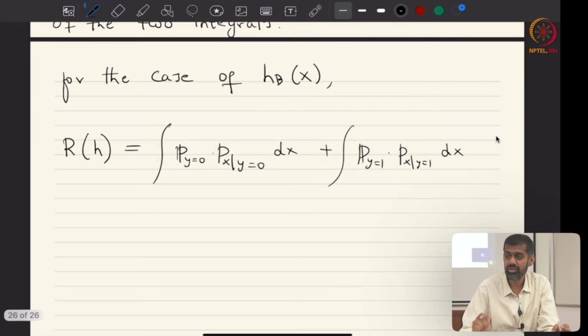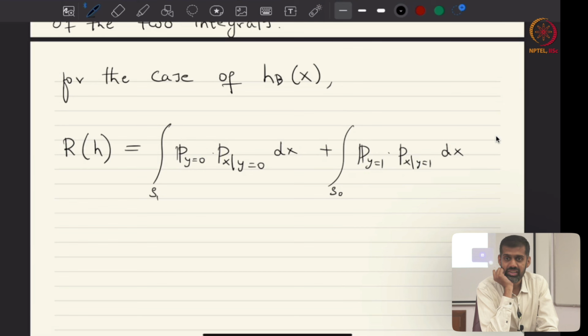Now for the case of the Bayes classifier, which of the two integrals will get evaluated? So this is over S1, is it? This is over S1, this is over S0, correct? Now for the Bayes classifier, which one will get evaluated? No, it depends upon what the true class is, no? See, remember what the Bayes classifier is.